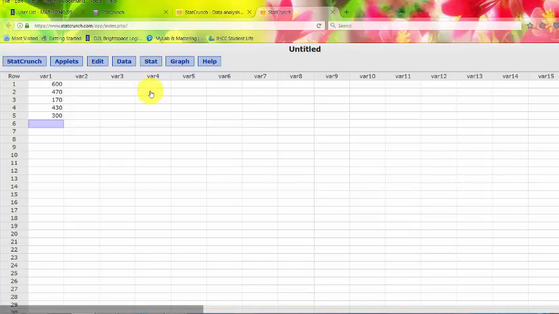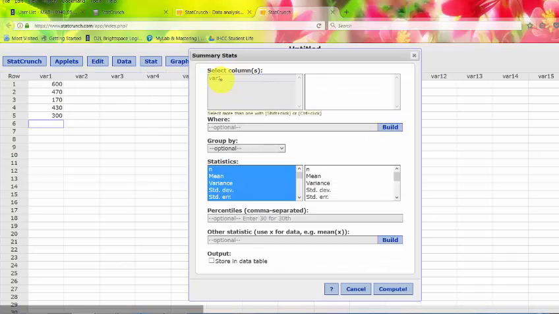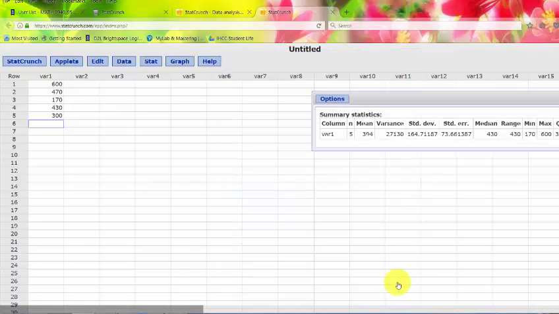All right, once you have your data in there, you can click on Stat, Summary Statistics, and Column, then select the column that you want to get the summary statistics for, and then just click Compute. And so it gives us all of that information. It gives us the number of data values we have, we get the mean, we get the variance, we get the standard deviation, and remember the relationship between the variance and the standard deviation is that the standard deviation is just the square root of the variance.